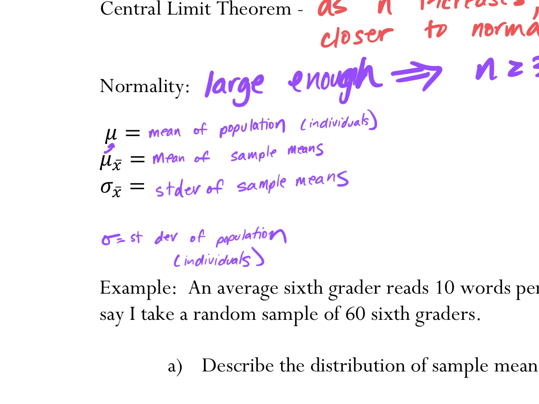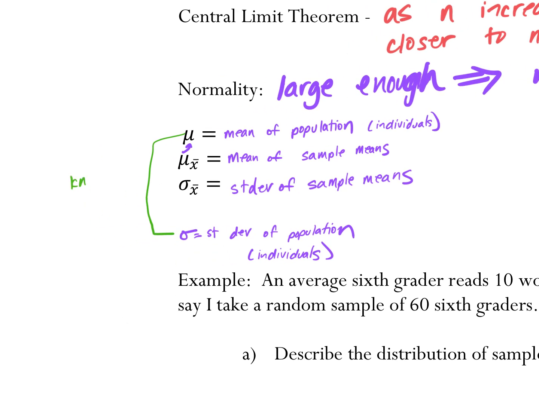For what we're going to be doing in Unit 6, these will be known, and we're going to find probabilities that certain samples can occur. When we get to Unit 7, we'll know the sample, we won't know the population. That's the big crux of what we do.